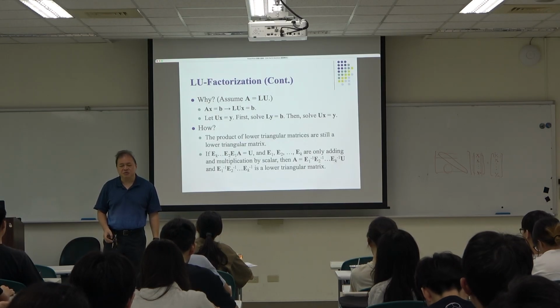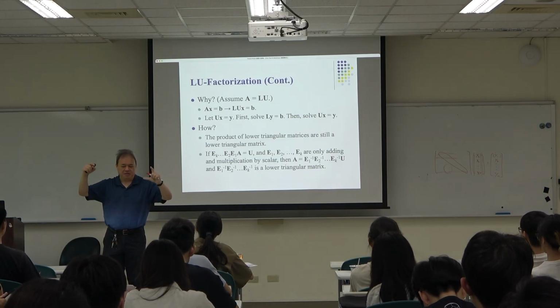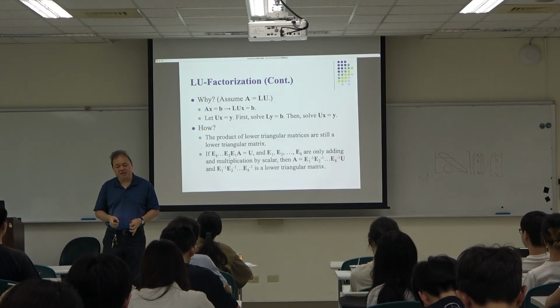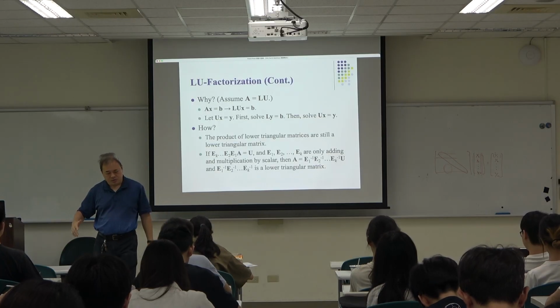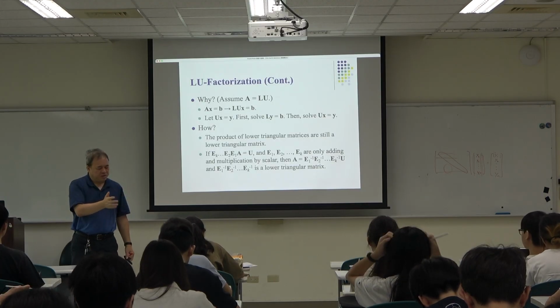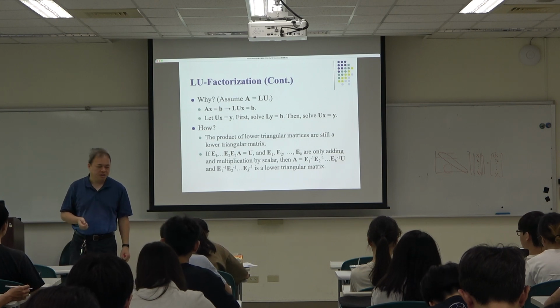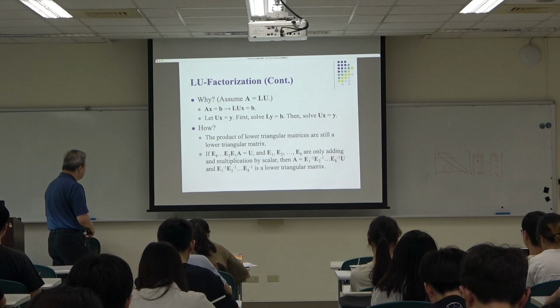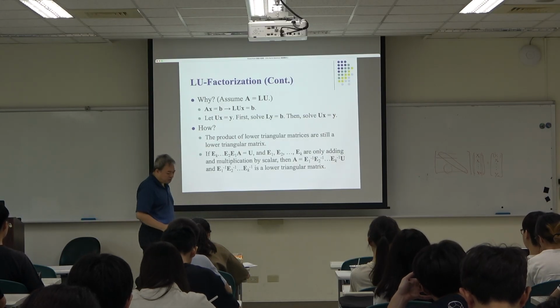I don't think I need a proof, but if you do need a proof, you can write the product of two matrices according to the equation, and you will find that all the elements above the diagonal will be zero if the two matrices that we multiply are lower triangular. So this can be easily proved. By the way, this looks like a good quiz problem.